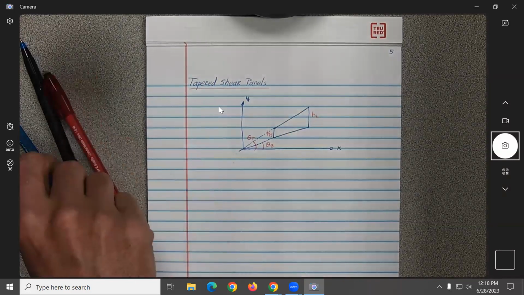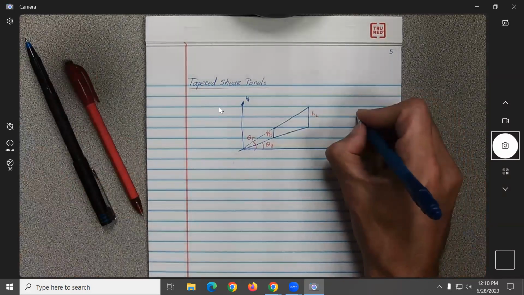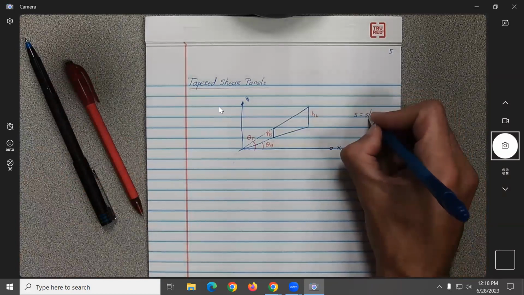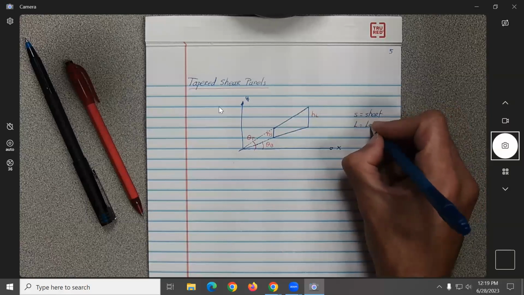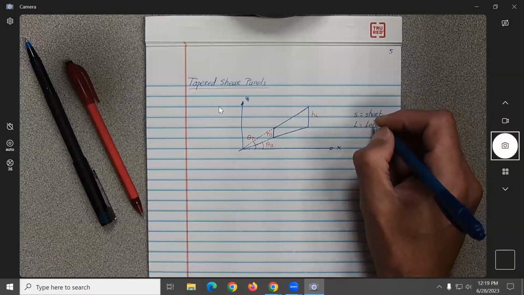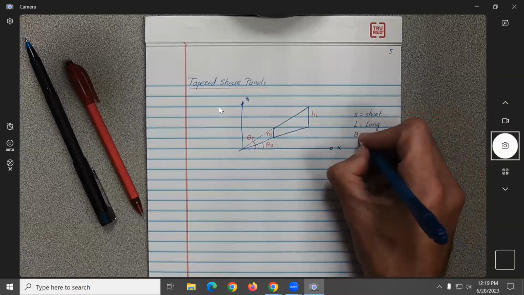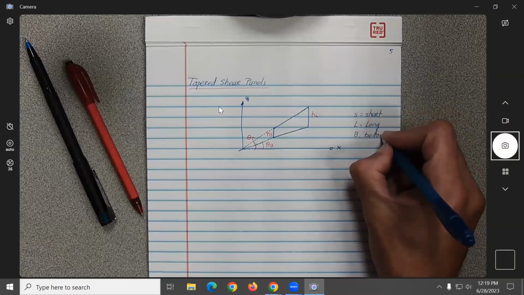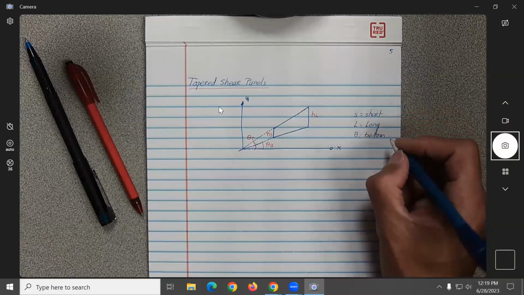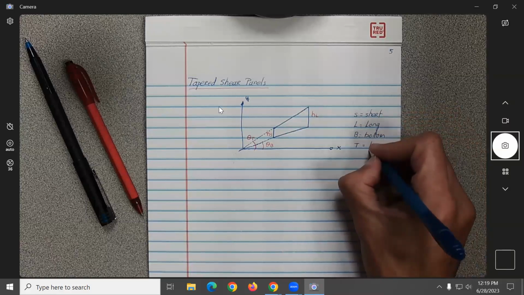So let me maybe write this: S for short side, L for long side, B for bottom and capital T for top.